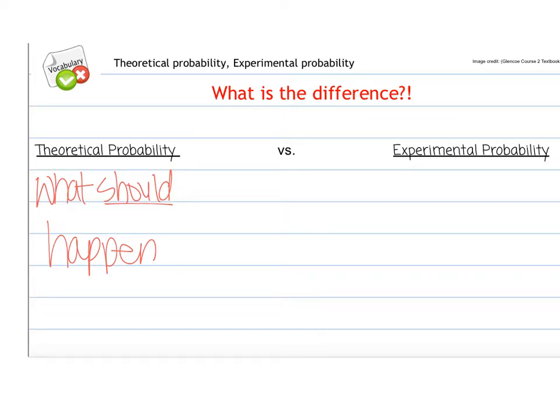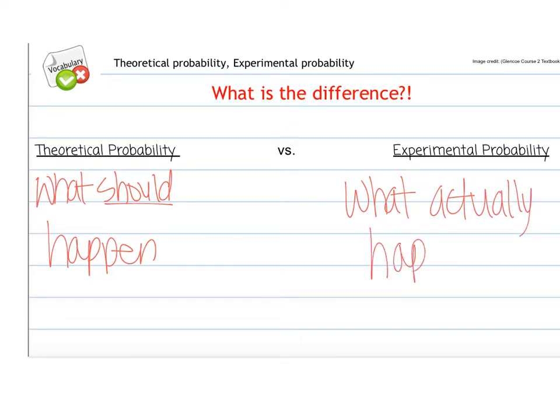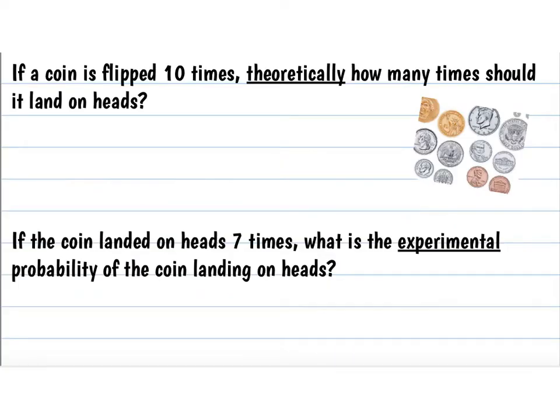The shortest definition that I can tell you is theoretical is what should happen. Your experimental probability is what actually happens. So you've probably heard people say, well, theoretically, it should go this way, or theoretically, it's this. So that's the difference, what should and what actually happens.